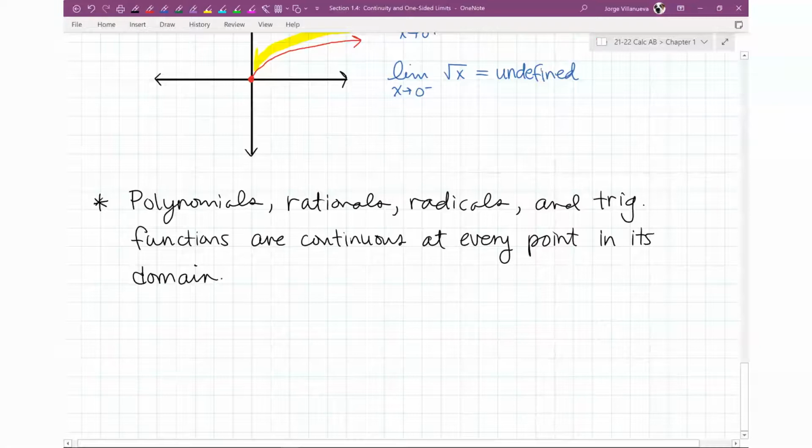Okay? So whenever you're given some problems and they ask you, do these things stay continuous, yes or no? Well, it kind of depends on the graph. You have to look at the graph and ask yourself, do these things stay continuous everywhere? And if there's certain issues, then we have to say no or yes. So let me give you an example of what I'm talking about. So here we go.